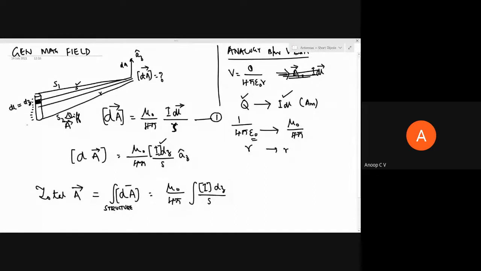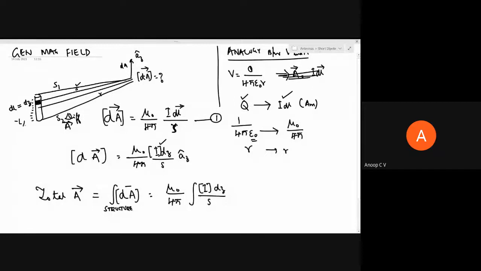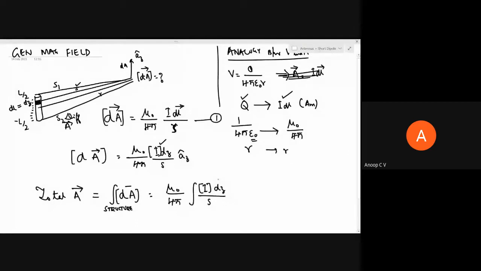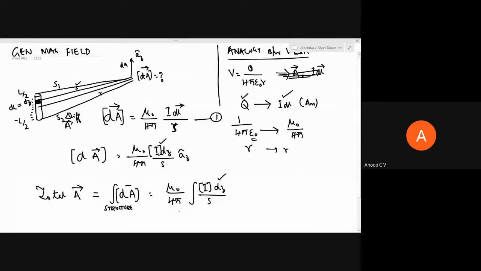So this structure is spanning from minus L by 2 to L by 2, as we have placed it along the Z axis with its center at the origin. This is integration with respect to Z, so the limits should be minus L by 2 to plus L by 2. That will be the expression for A.